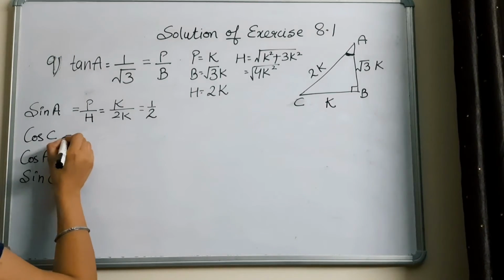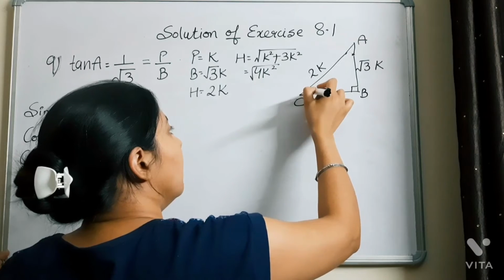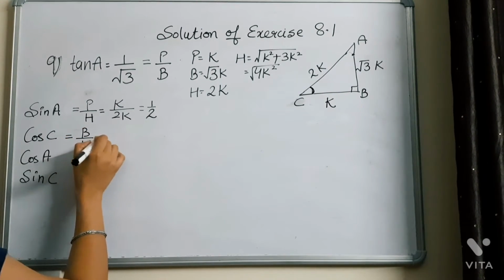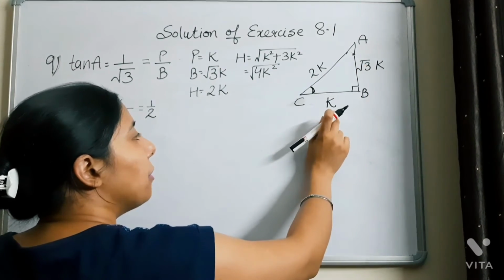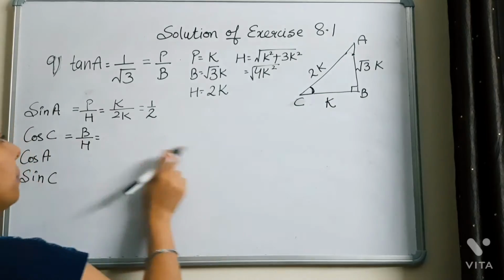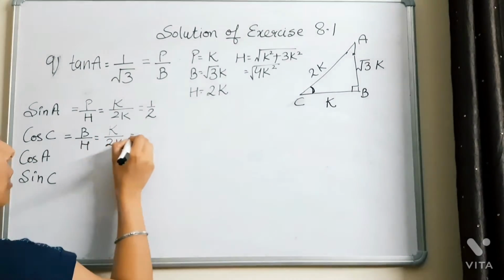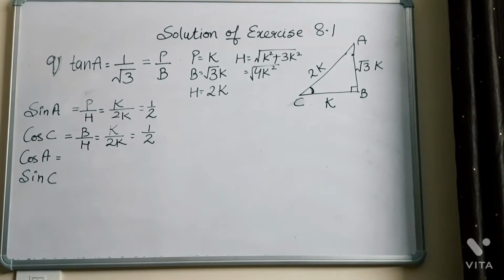Now cos C. Now the angle shifts to here, and cos theta is given by base by hypotenuse. If the angle is here, this side behaves as perpendicular and this side as base. So base here is k and hypotenuse is 2k, and on solving this I get 1 by 2. Now come to cos A.